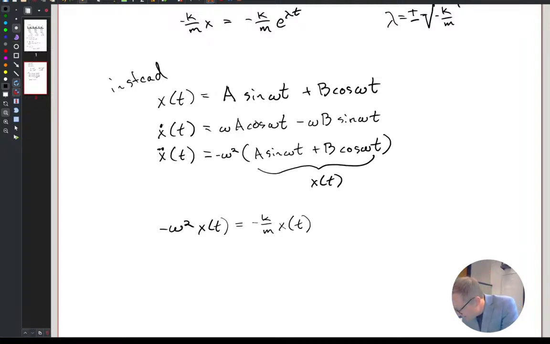All right, we can't use our differential equation to solve for those constants because it's true for any constant. For any a and b, this is a true statement. But we can solve for omega. If you assume a and b are 0, doesn't that mean the mass doesn't move?